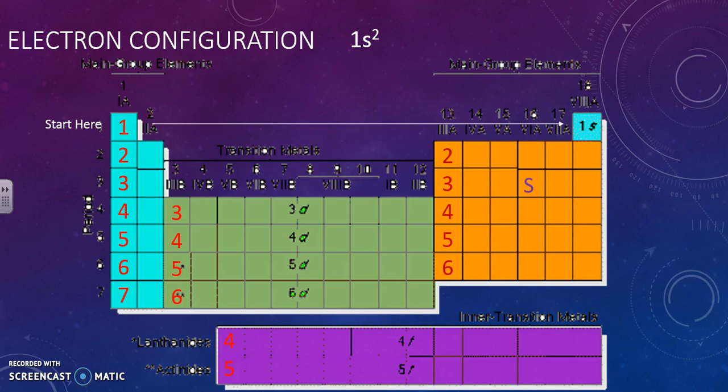Let's move on to element number 3. Element number 3 is in the second level. It is in the s area. So I'd start by writing 2s. I continue across the periodic table, and right next to it, element number 4 is also labeled as 2s. So I would have 2s2. Keep going across into the orange area, element number 5. That would be boron.